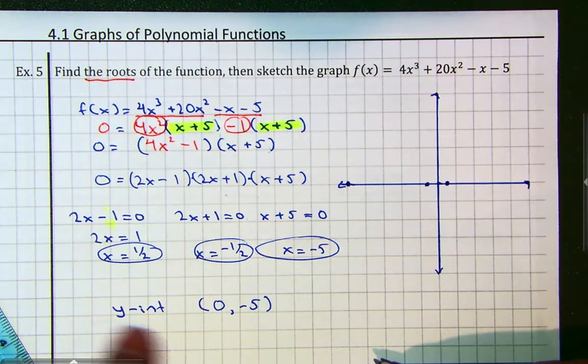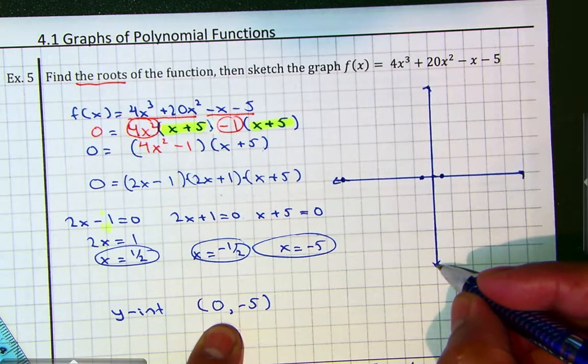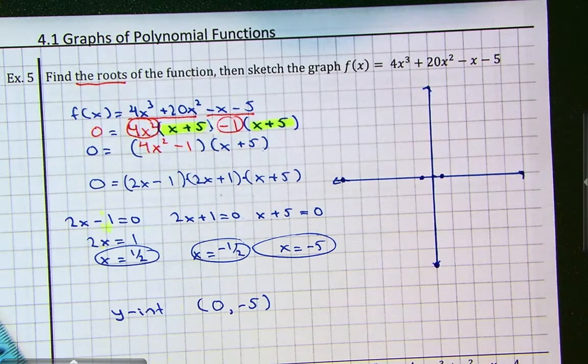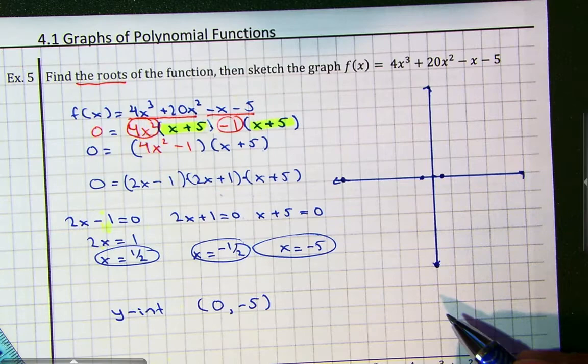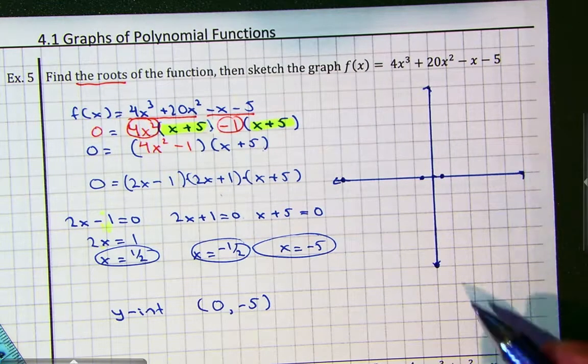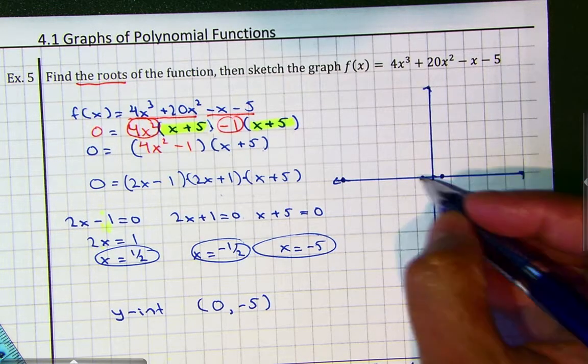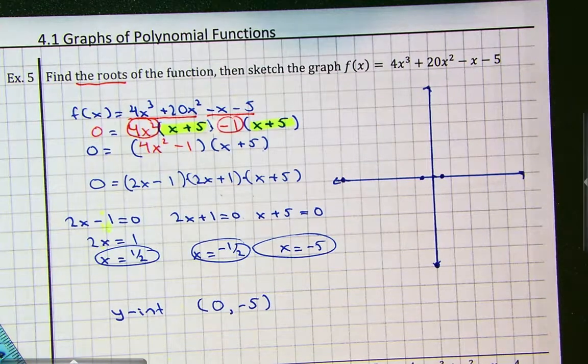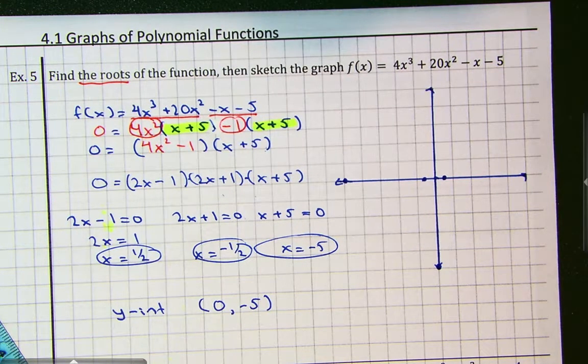And I know that the y-intercept will be 0, negative 5. So it should cross all those 4 points. Now, if we want additional points, we can plug in a 1, a 2, a 3, and all those points in between to get a better graph up. For now, we just need a quick sketch.